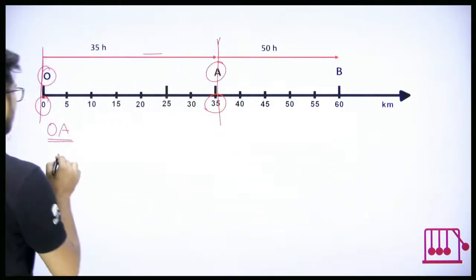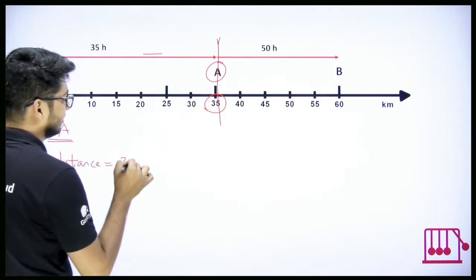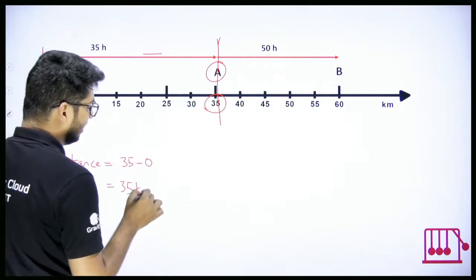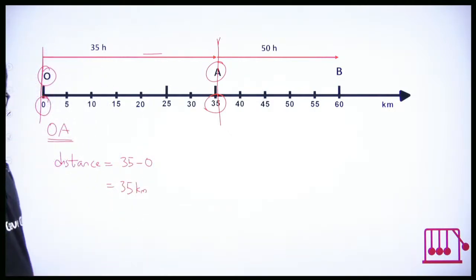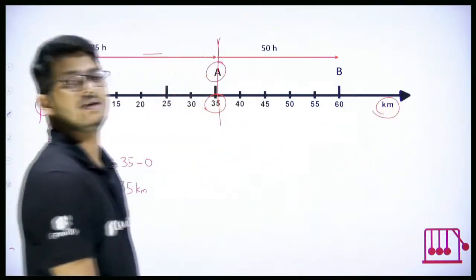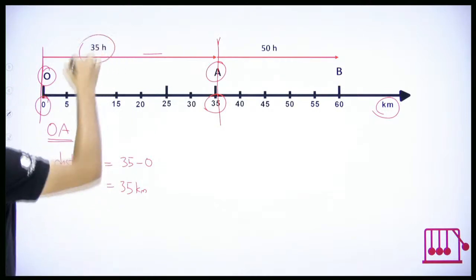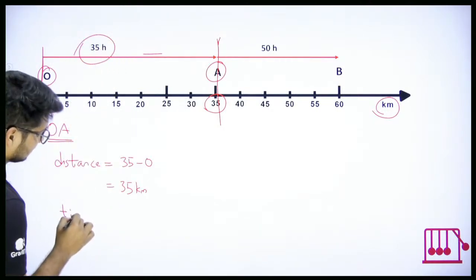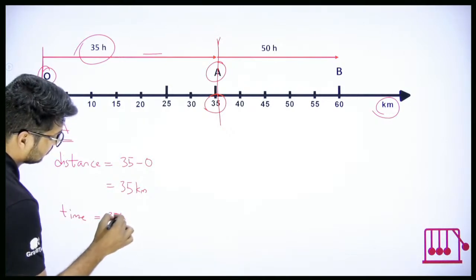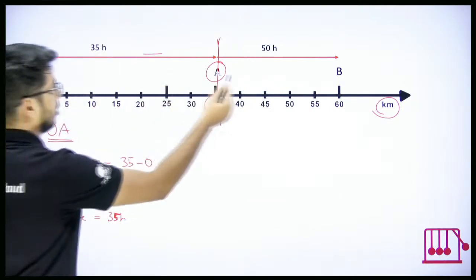So what will you do? You will say distance is equal to 35 minus 0. You will say it as what? 35 kilometers. And why am I taking kilometers here? Because it is clearly given. What is the time given here? Time is given as 35 hours. Clear? Good.